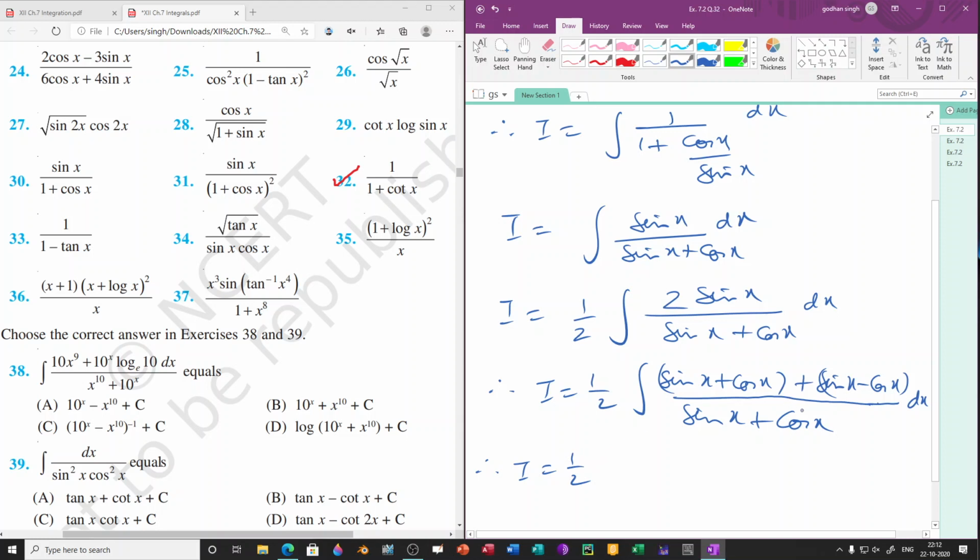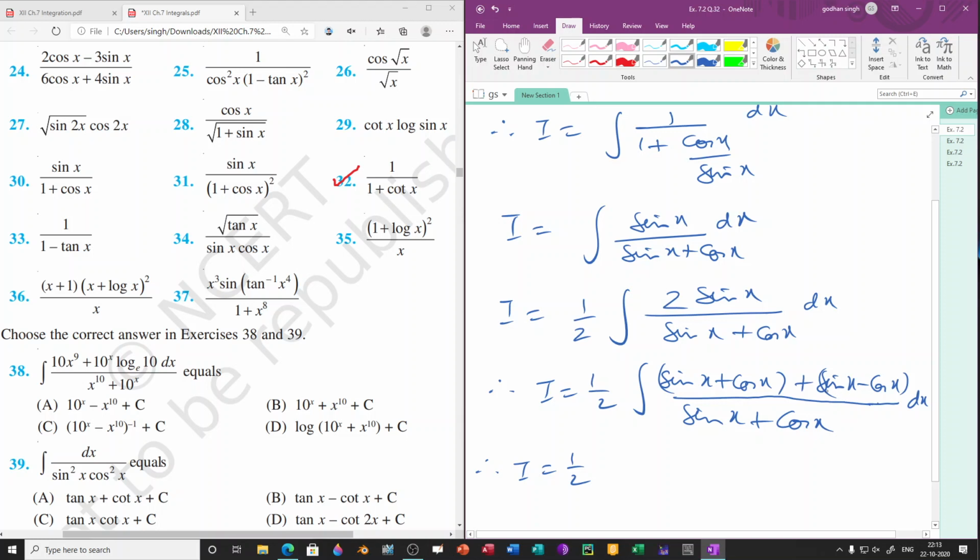And see why we have done this, because we have added cos x, so of course we'll do the subtraction of that. On doing this, if you separate them, sin x plus cos x over sin x plus cos x will become 1, and we know how to integrate 1. Also, the differentiation of sin x is cos x, and the differentiation of cos x is minus sin x.